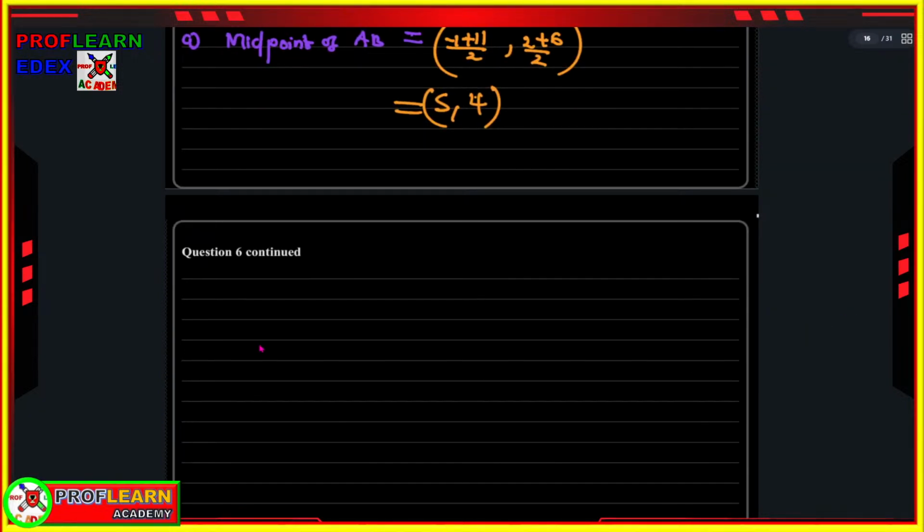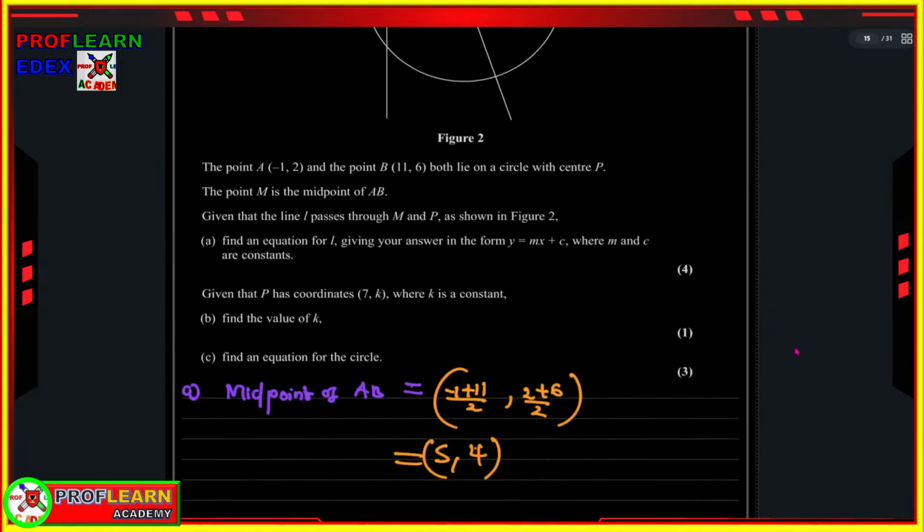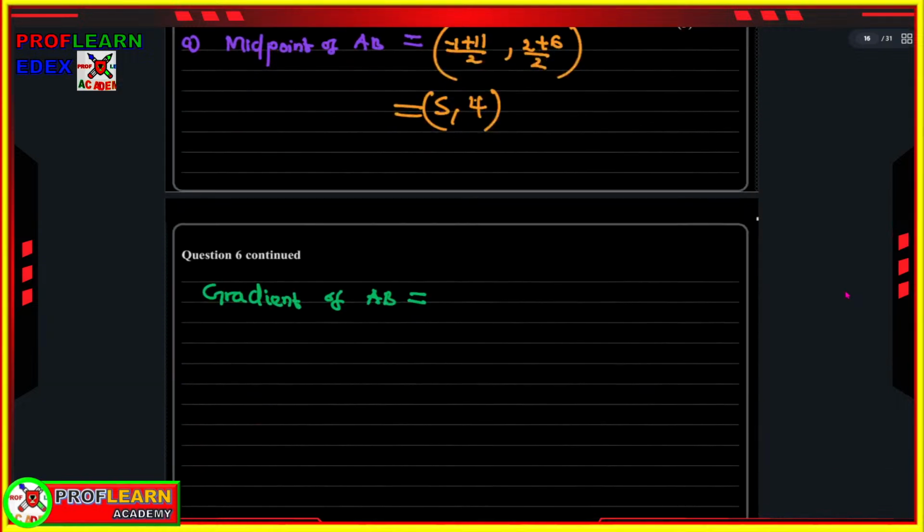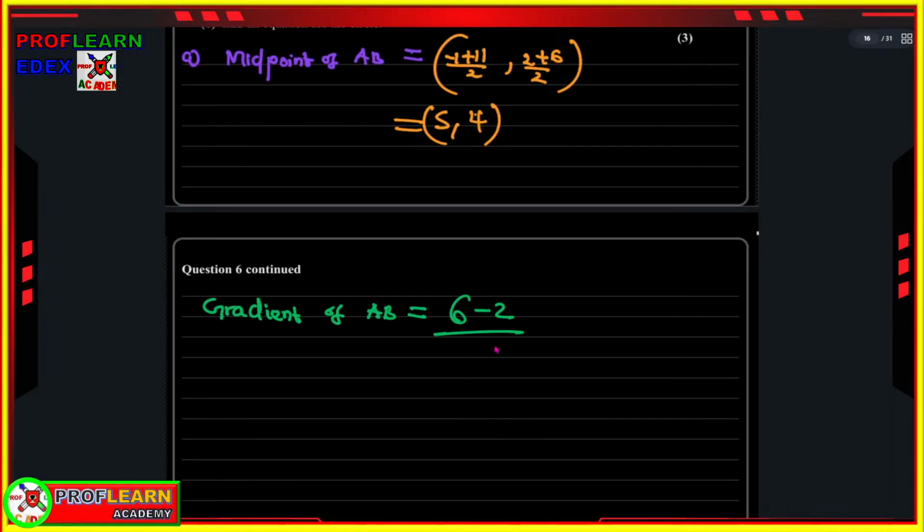The gradient of AB is going to be change in y over change in x, so it will be 6 minus 2 over 11 minus (-1), and that is 4 over 12, which means the final answer is going to be 1 over 3.